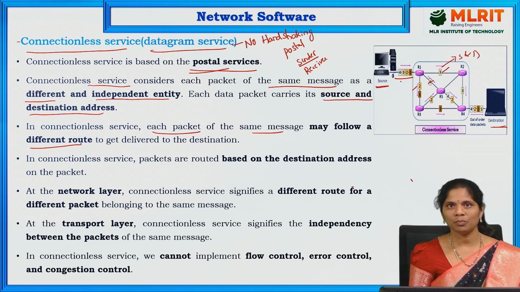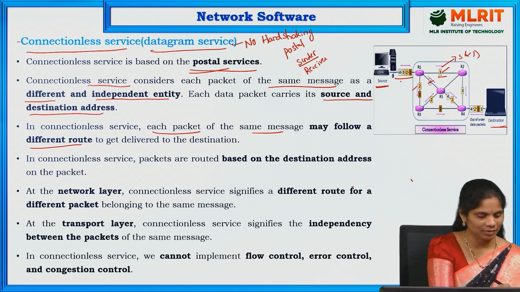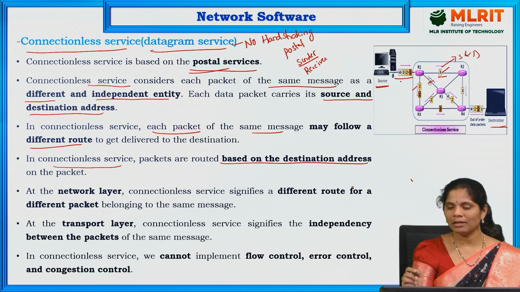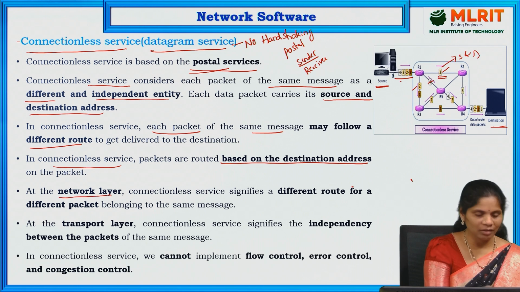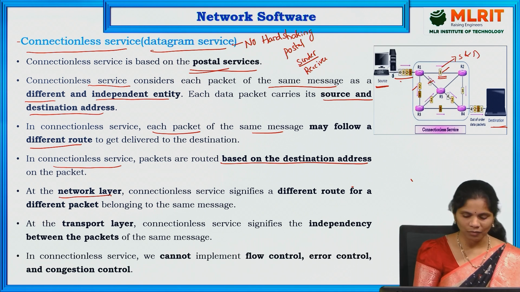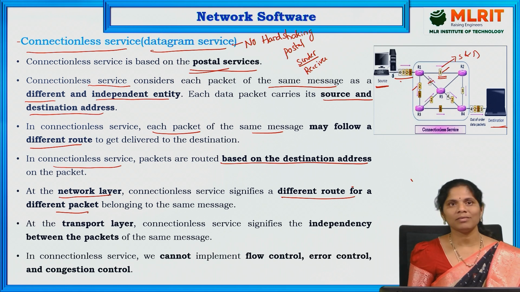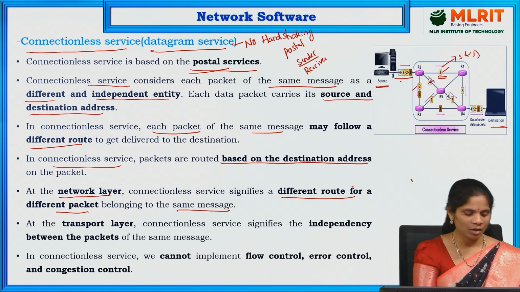Packets are routed based on the destination address, so the main aim of these packets is to reach the destination by any route. In the network layer, connectionless service selects different routes for different packets belonging to the same message.